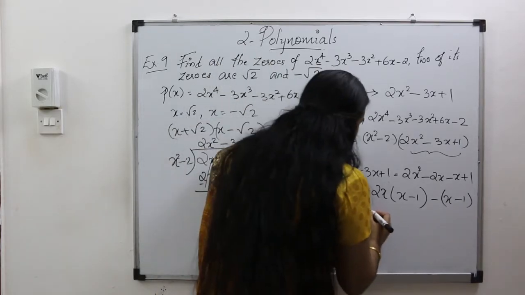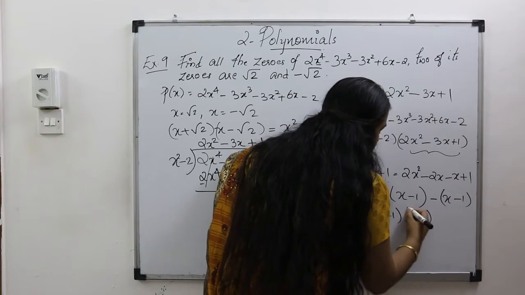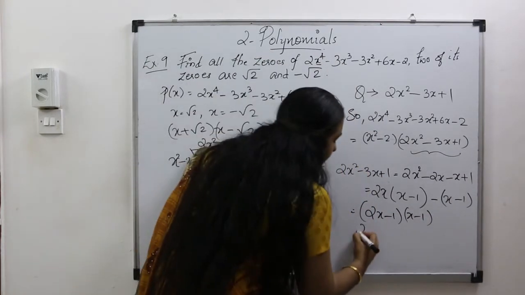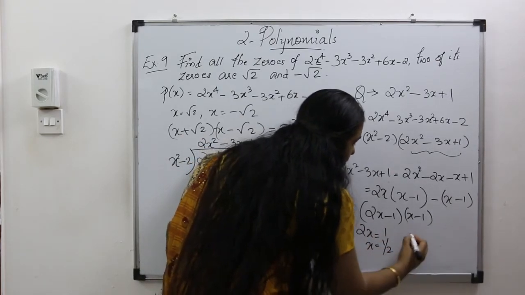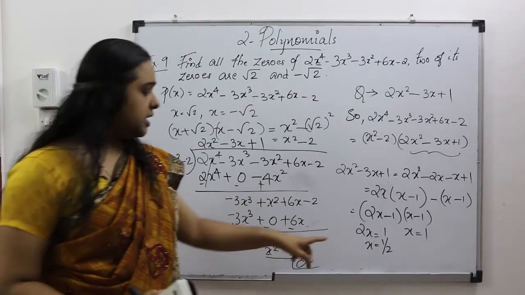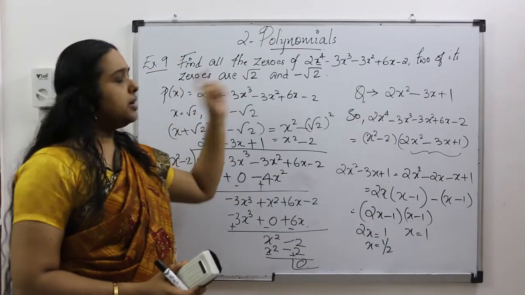This will become 2x minus 1 into x minus 1. So 2x equals 1, x equals 1 by 2. Here x equals 1. So what will be the other zeros? x equal to 1 by 2 and x equal to 1 are the other two zeros of our polynomial.